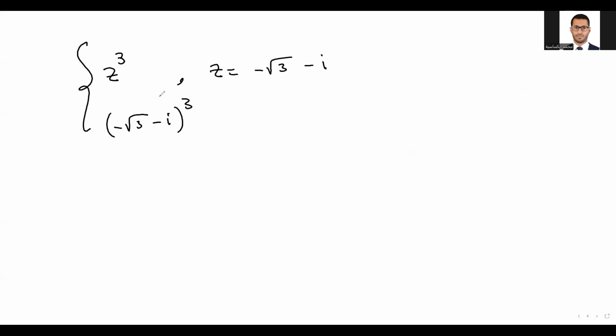And back to answer this question, we have the polar form for this one, which is z equals 2 (cosine 7 pi over 6 plus i sine 7 pi over 6), because we solved it previously.